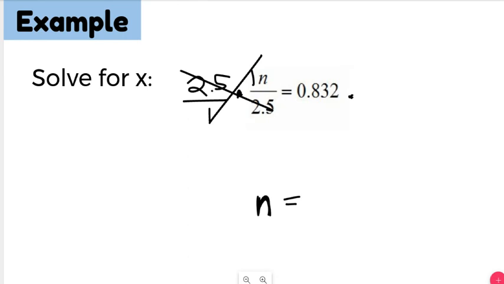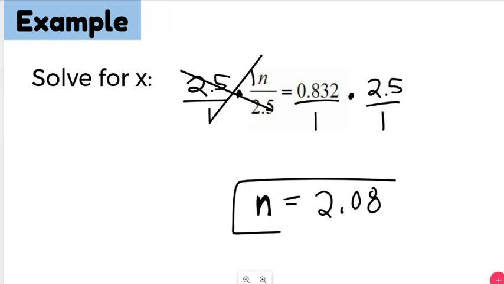If I multiply by 2.5 on the left, I need to multiply it on the right. And 0.832 times 2.5 equals 2.08. So there really wasn't a lot of work to do here. You definitely want to show this step, and then use your calculator and get your answer.